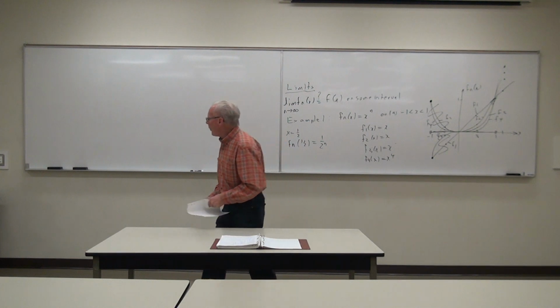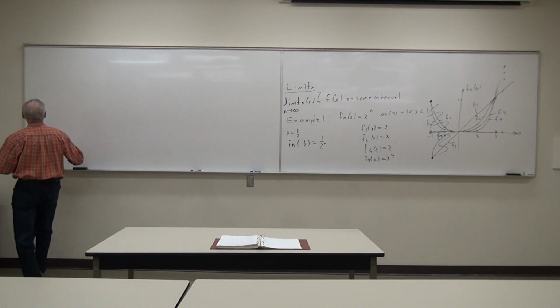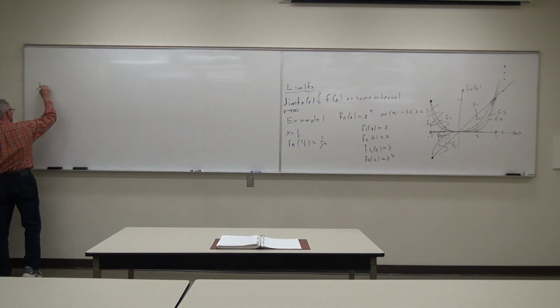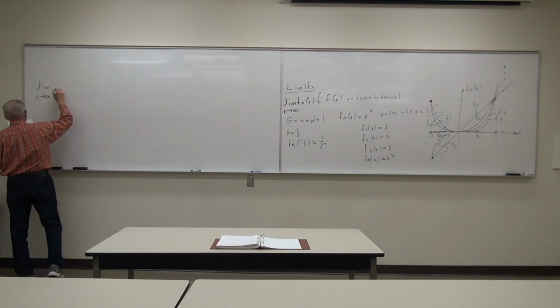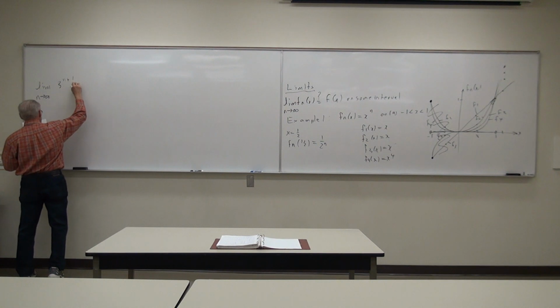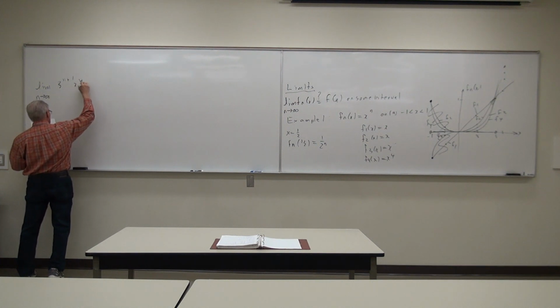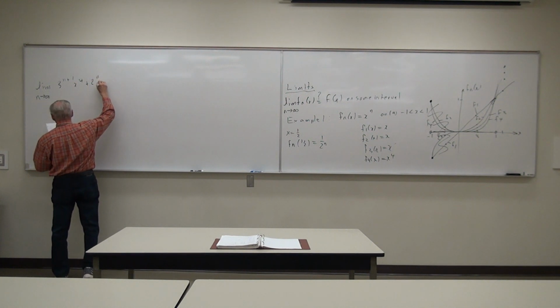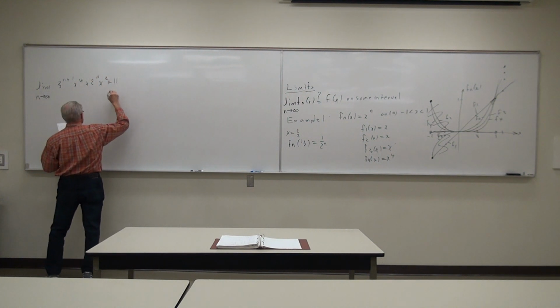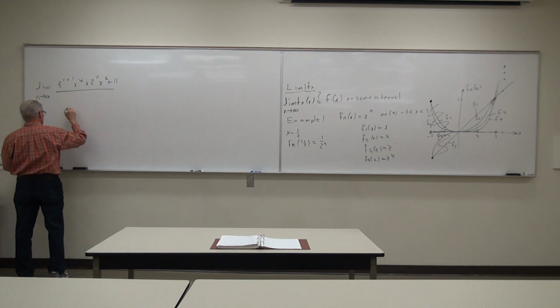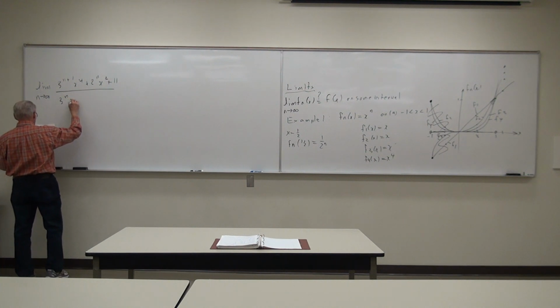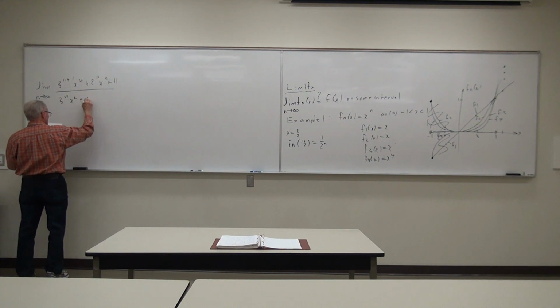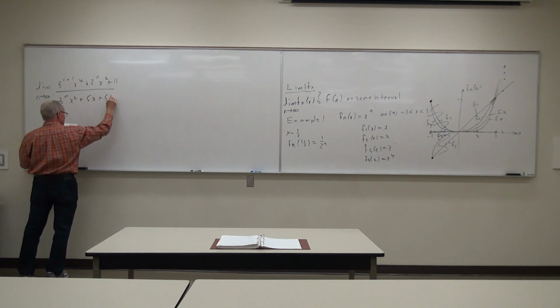I'm going to do one more. Consider the following: the limit as n goes to infinity of (3 to the n plus 1, x to the 4th, plus 2 to the n, x squared, plus 11) over (3 to the n, x squared, plus 5x plus 55).